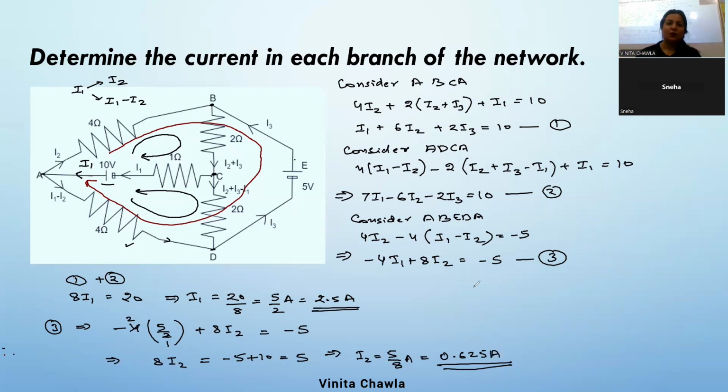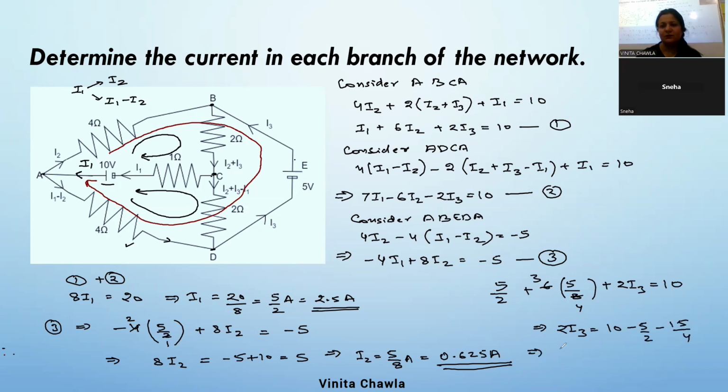Now put the value of I1 and I2 in the first or second equation, wherever you like. So I1 is 5 by 2 and plus 6I2 is 15 by 4, plus 2I3 is equal to 10. Now solve this for I3. 2I3 is equal to 10 minus 5 by 2 minus 15 by 4.